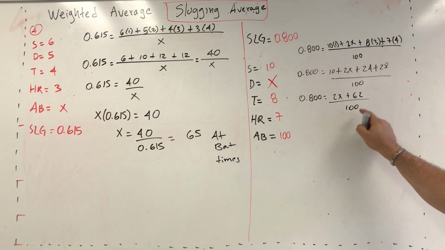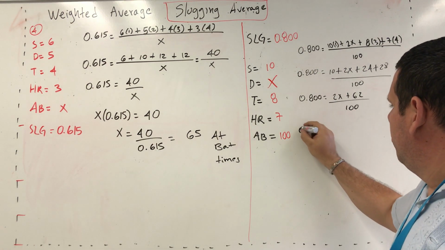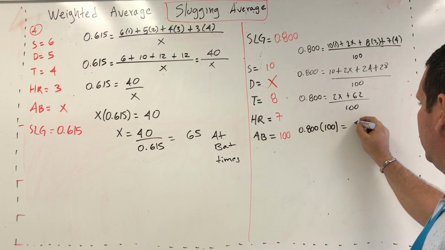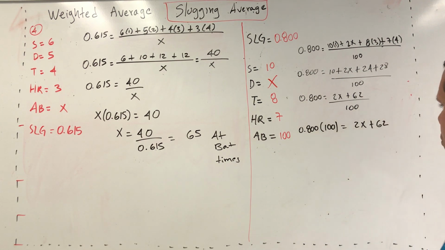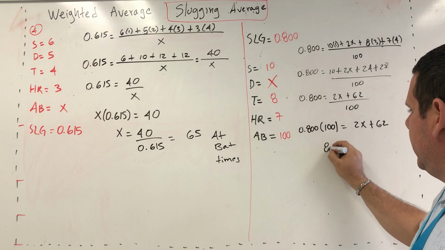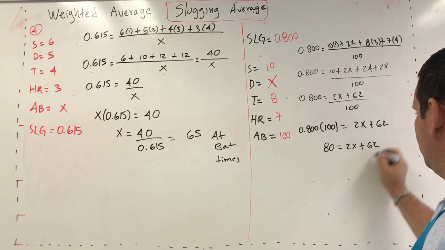This 100 needs to be on the opposite side. So 0.800 times 100 equals 2x plus 62. When I multiply this times this, I get 80. 80 equals 2x plus 62.